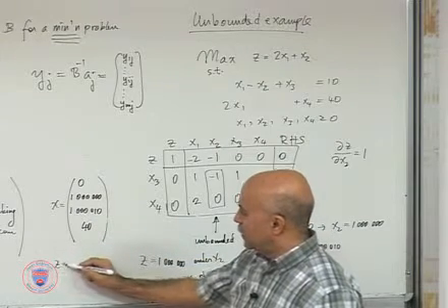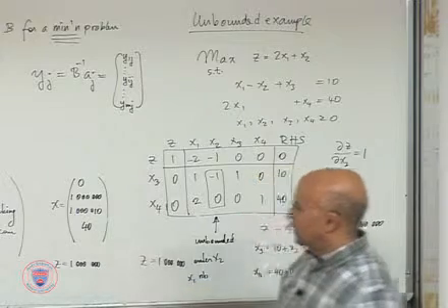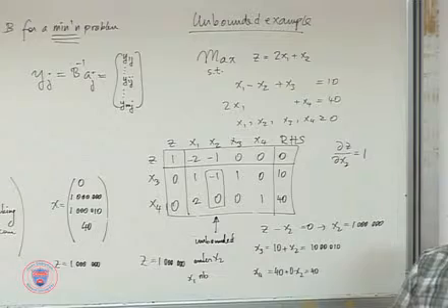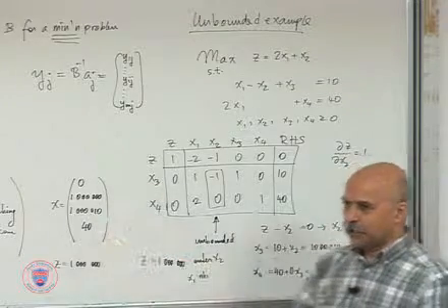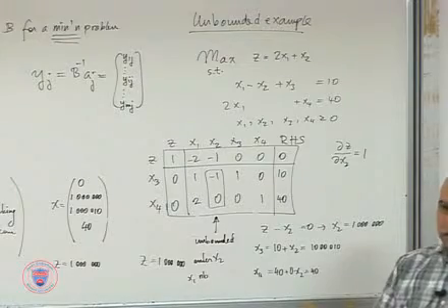And z is clearly 1 million. Is this feasible? Do you think this is a feasible solution? It is. By construction it is.